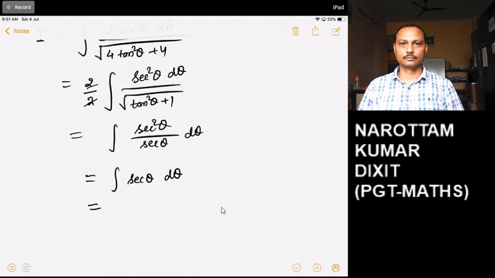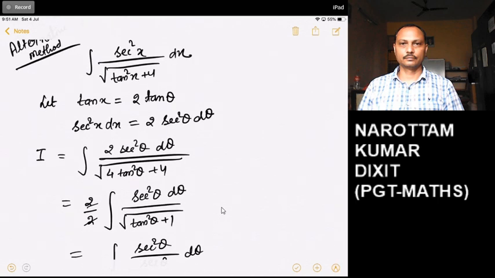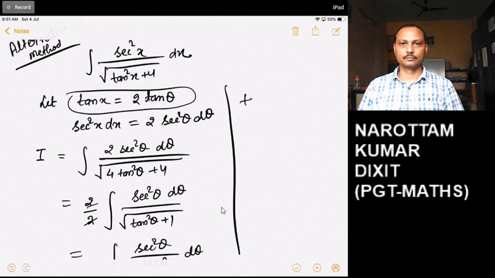and integration of sec theta is log of sec theta plus tan theta plus constant of integration. Now place the value. By the substitution, we can see the value of tan theta is tan x upon 2. So tan theta is equals to tan x upon 2.